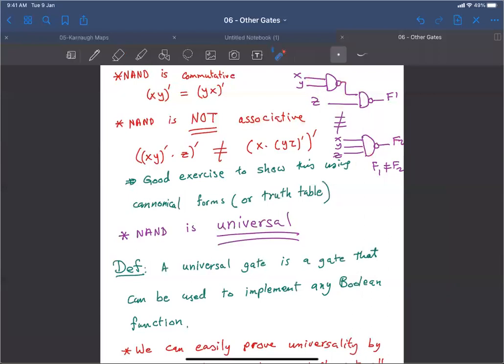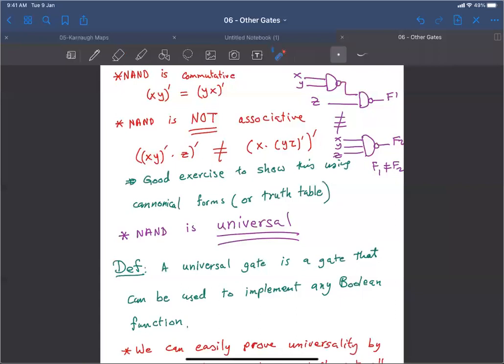It is a good exercise for you to prove the non-associativity of the NAND gate, either by converting both sides to canonical form, or by deriving the truth table. Both ways are equivalent.